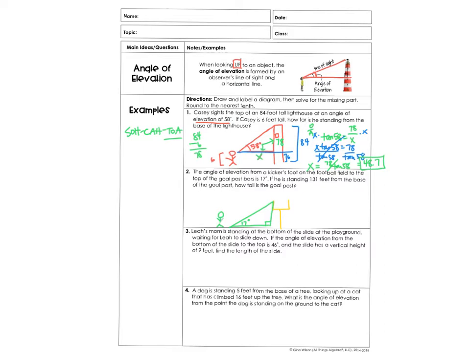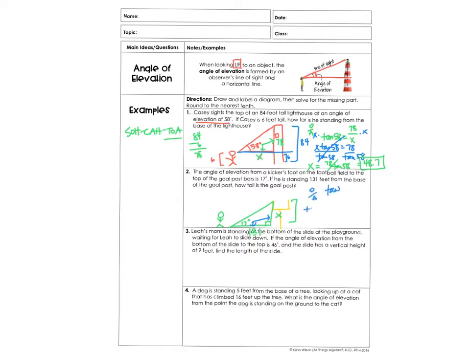Okay? It says if he is standing 131 feet from the base of the goalpost, so he's 131 feet away from here to there, how tall is the goalpost? So it's asking for X here. How tall is that goalpost that's there? Okay, so we're given the angle of elevation. We are looking for the opposite, and we have the adjacent. So opposite and adjacent, that's tangent.